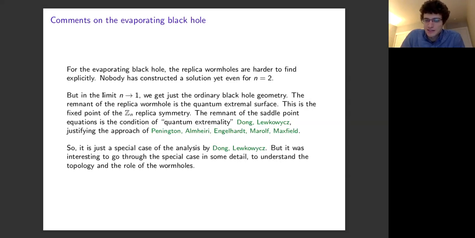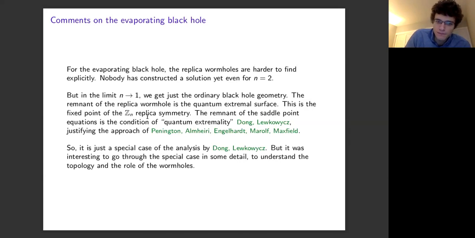The remnant is the location of the Zn replica symmetry. Even in the geometry as n goes to 1, you can point to the location where the Zn symmetry fixed point would have been. And that location is the quantum extremal surface. It's like the Ryu-Takayanagi surface.